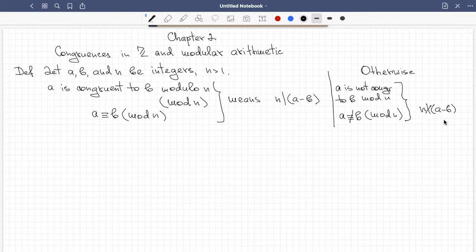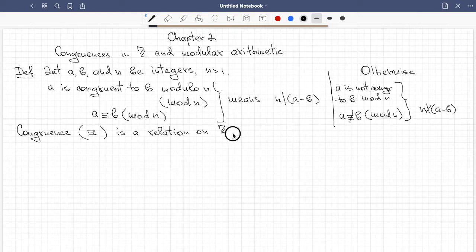With this notation, with this definition, we get a relation. Congruence, this three-dash symbol, is a relation on the set Z of integers.